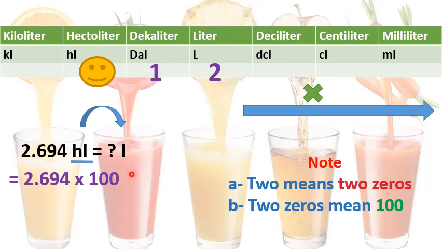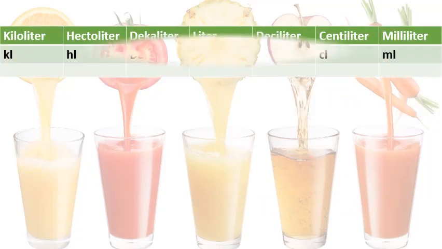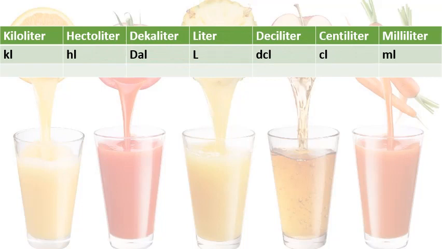We have 2 zeros. It means we have to move the decimal point 2 places to the right. Why to the right? Because we are multiplying. So 1 place, 2 places to the right. So the answer is going to be 269.4 liters.